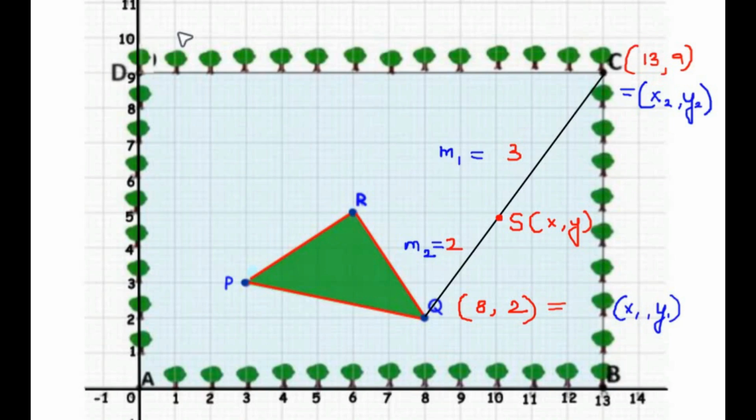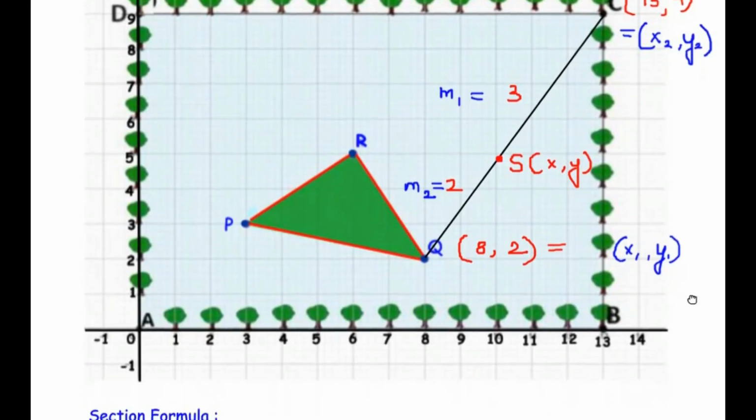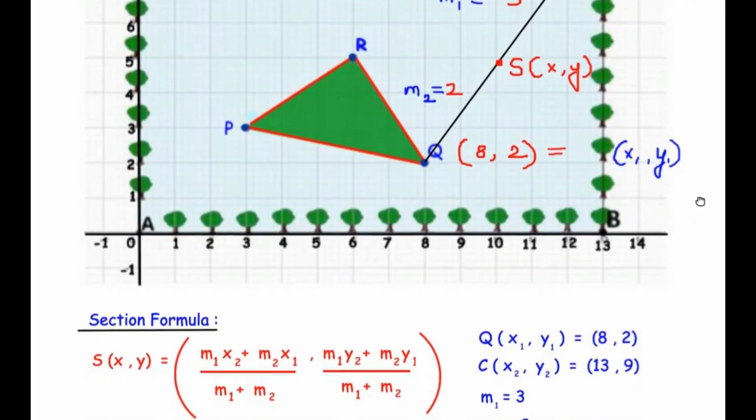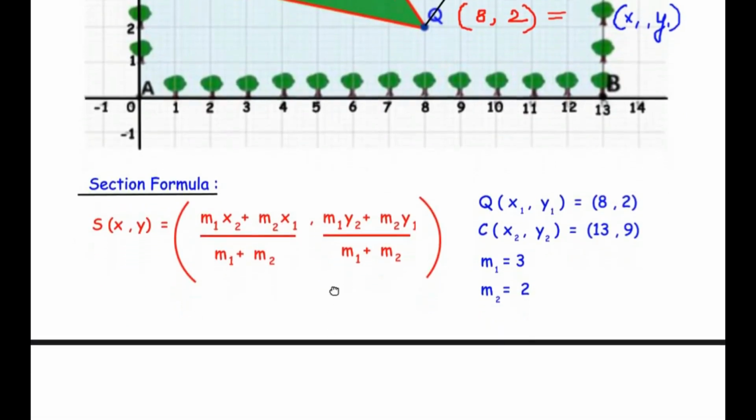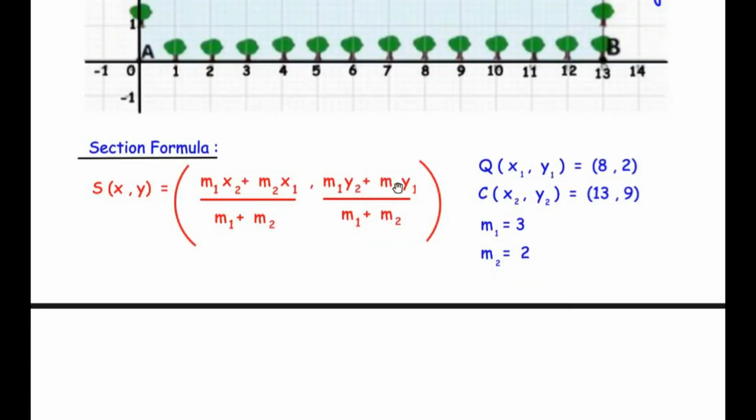Now next, let us write down the section formula, which is given as S(x, y) is equal to (m1 x2 plus m2 x1) over (m1 plus m2), comma (m1 y2 plus m2 y1) over (m1 plus m2). Now for easy reference, I have written the coordinates of Q and C as well as the values of m1 and m2.